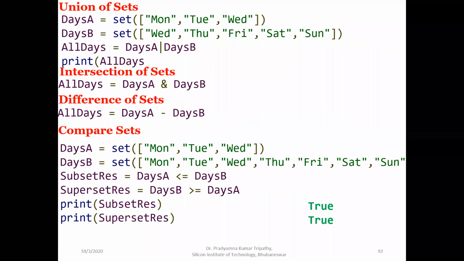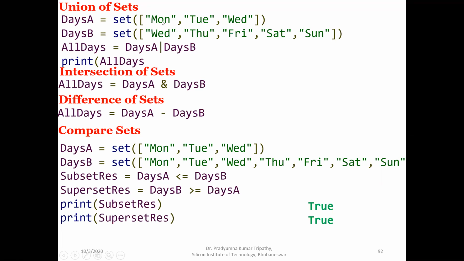Then union. What we are actually discussing is the set. So operations on the sets, the mathematical model of set that we use, the same functions can also be used over here. We can have union, intersection, difference, compare. These things can be done over here.